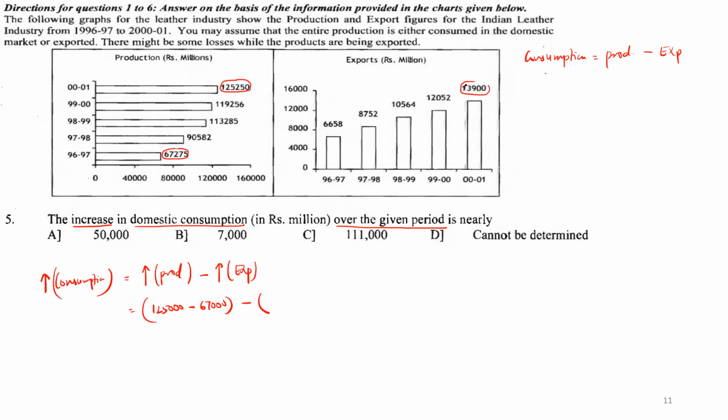Exports के केस में you'll say around 14,000 minus around 6,600. So you get 58,000 minus around 7,400. So your answer should be around 51,000. So the closest option that you can get right now is the first option. बताइए कोई दिक्कत?